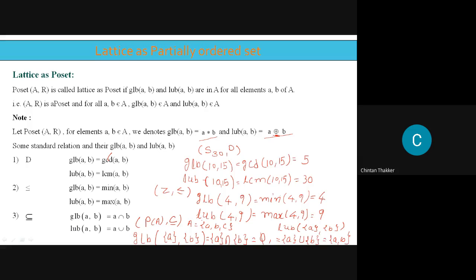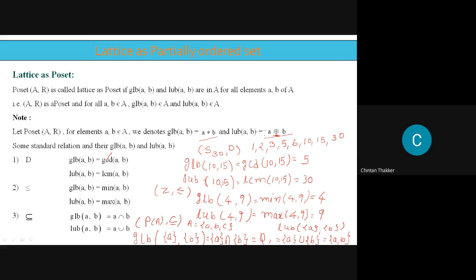Like S30 is given, and S30 has the elements 1, 2, 3, 5, 6, 10, 15, and 30.